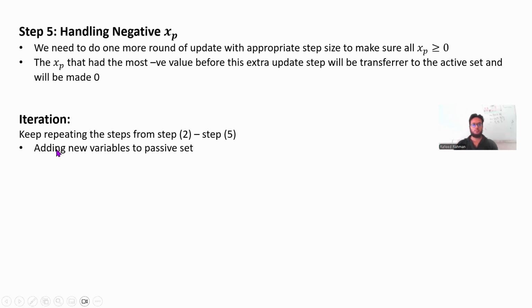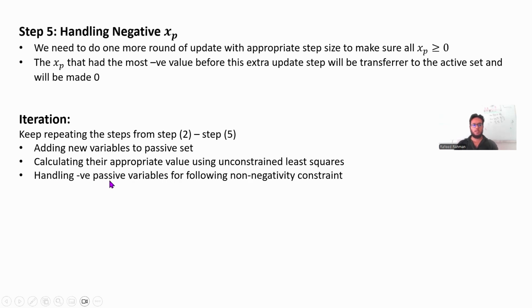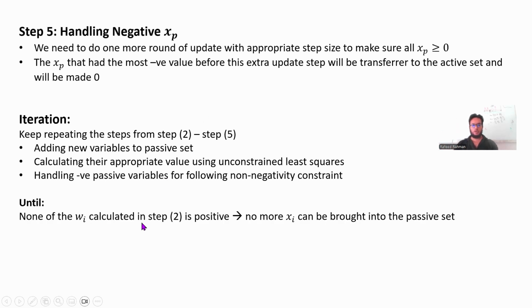So what are the steps? You keep adding new variables to the passive set through gradient calculation, you calculate their appropriate value using unconstrained least square, and you handle the negative passive variables to follow the non-negative constraint. You keep iterating until none of the wi calculated in step 2 is positive, because in step 2, if you see all the wi are negative or 0, then you can no longer bring any xi to the passive set.